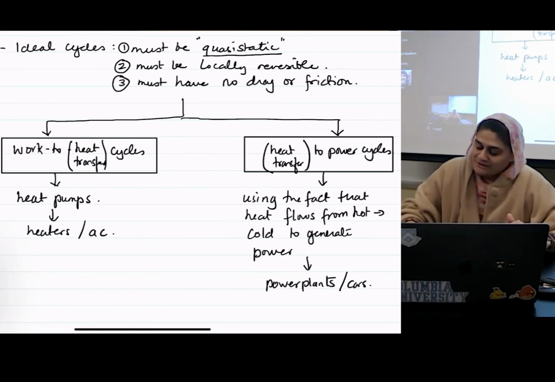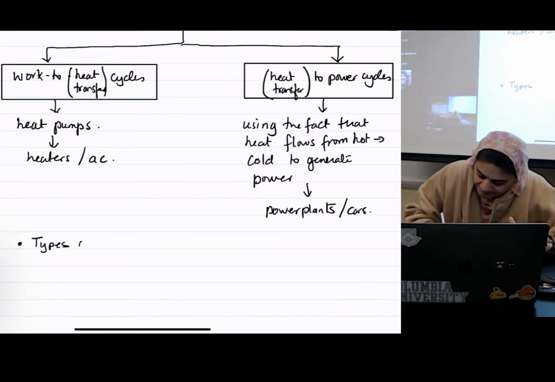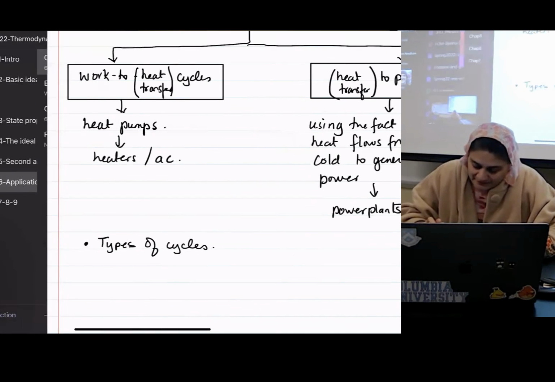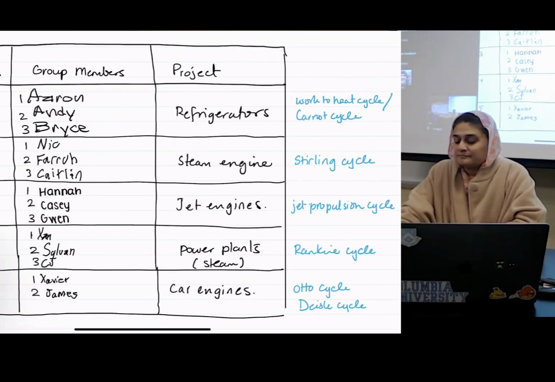Okay, so there are different types of cycles that are given in your book. And I believe we discussed them in the labs. So guys, find your name, find your project, find your cycle.